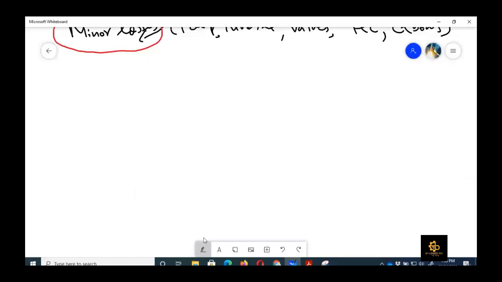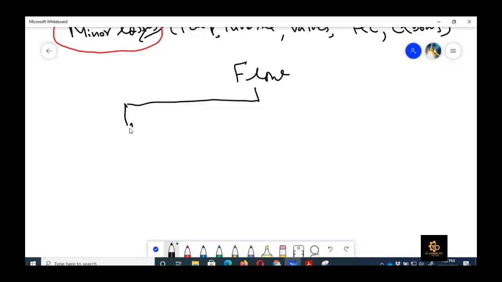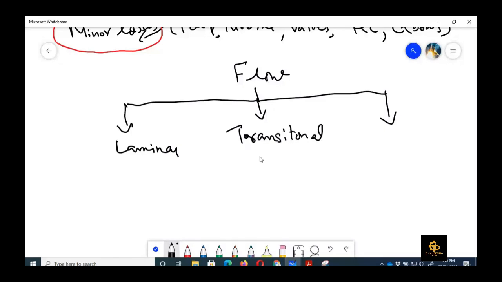So flow can be subdivided into three subcategories: laminar, then transitional flow, and then turbulent flow.